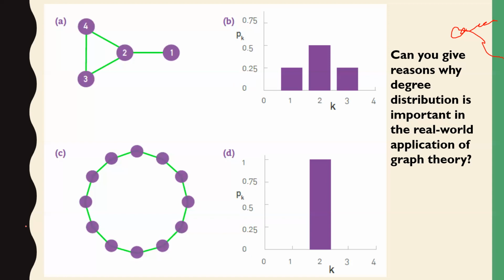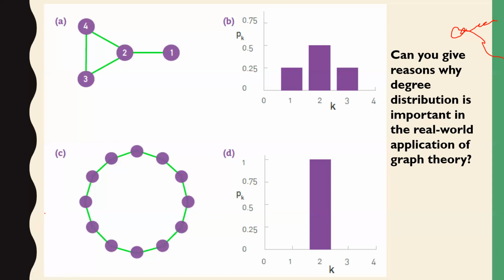Well, I want you to think about it, but not right now, because again, this might be the first time you're seeing degree distributions or you're hearing graph theory at all. So I want to keep this as a floating question for now, probably until after we finish the discussion, because I'll give you some examples of degree distributions later, and these applications will be much more evident, or this question will be much easier to answer, right?